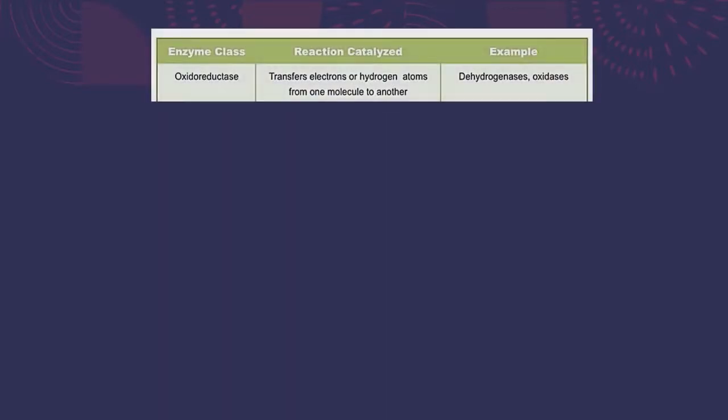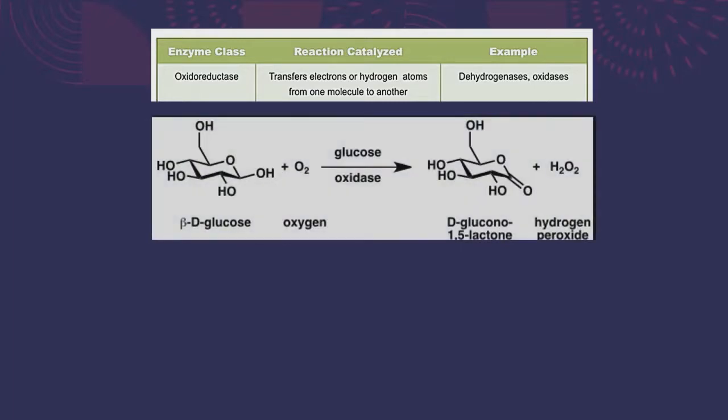So to continue with the oxidoreductase classification of enzyme, we are now going to make use of oxidase, a type of oxidoreductase enzyme. And we'll see how oxidase transfers an electron or hydrogen atom from one molecule to another. In this example, we are going to make use of beta-D-glucose.